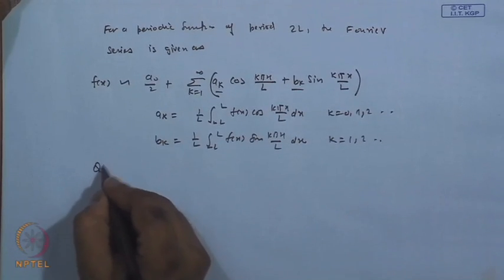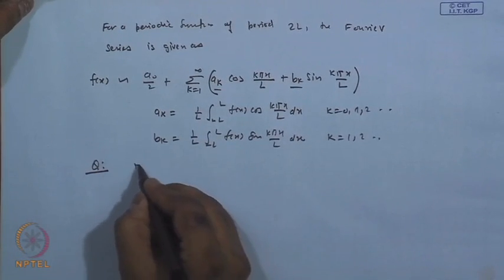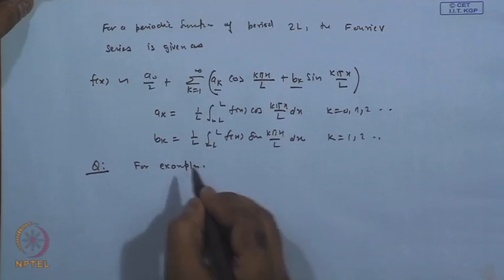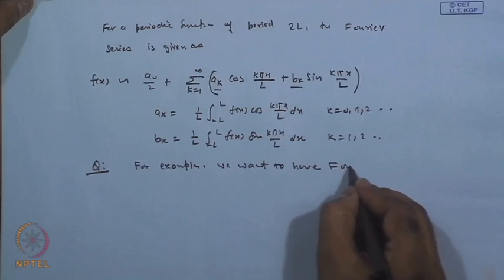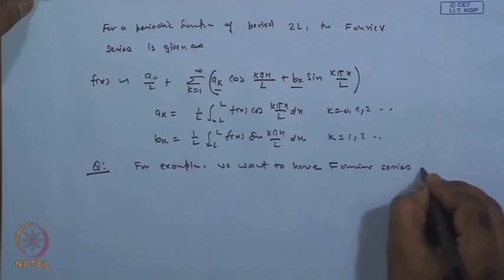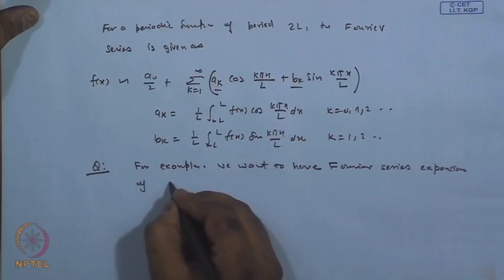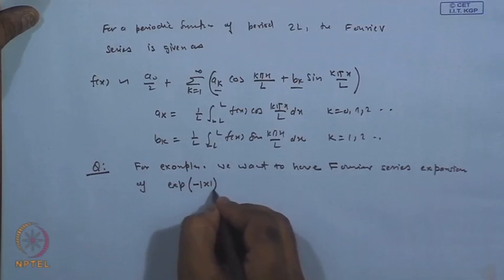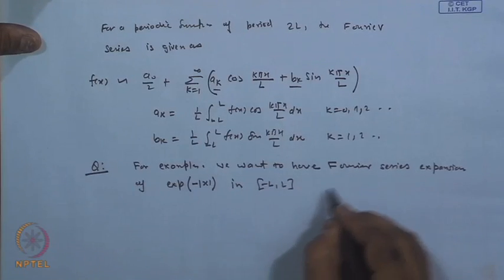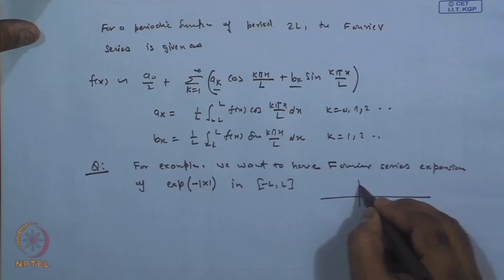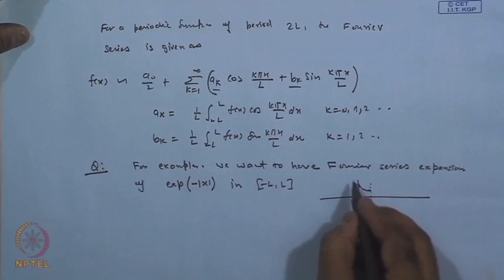Now the question is, if we want a Fourier series expansion of, for example, exponential of minus modulus x, which is valid in minus L to L. If we look at the graph of this function, we have a symmetric function, because e to the power minus modulus x is the same on this side also.